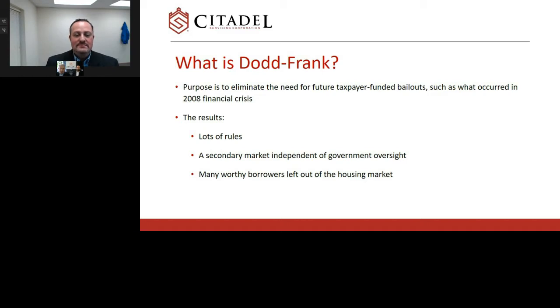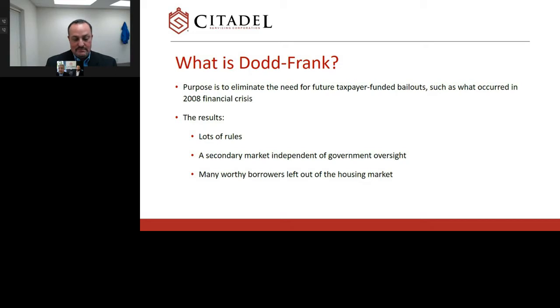The results of this were a lot of rules, and a secondary market that's independent of government oversight, and many worthy borrowers are left out of the housing market. And so that's what this product's going to help you bring back into the housing market. Borrowers who are worthy, but maybe do not meet the strict, rigid standards of some of the GSE products and GSE rules and guidelines.